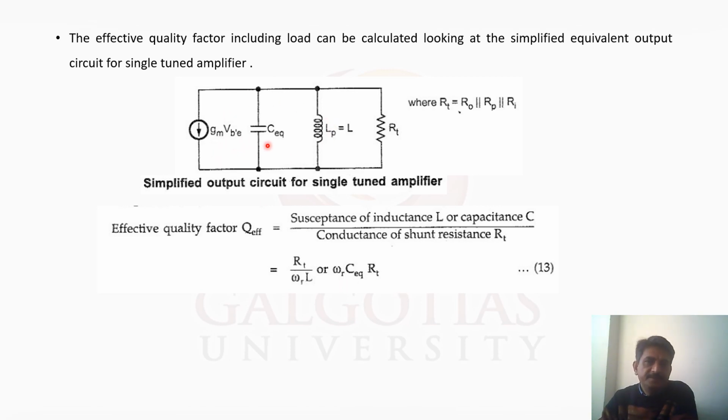That is the simple equivalent, where L_p is equal to R. The R_T is nothing but R_O parallel R_p parallel R_i. So the effective quality factor will be the susceptance of inductance L or capacitance C upon the conductance of shunt resistance R_T, that is R_T upon omega_r L or omega_r C equivalent R_T.